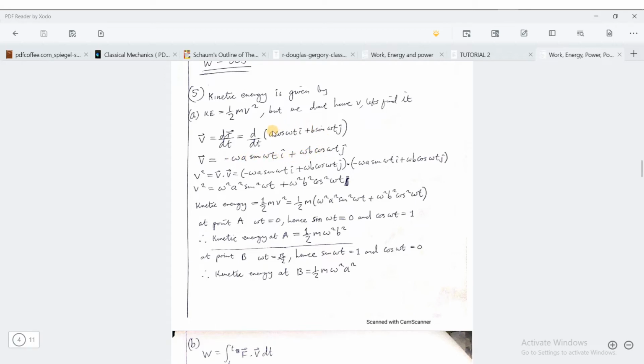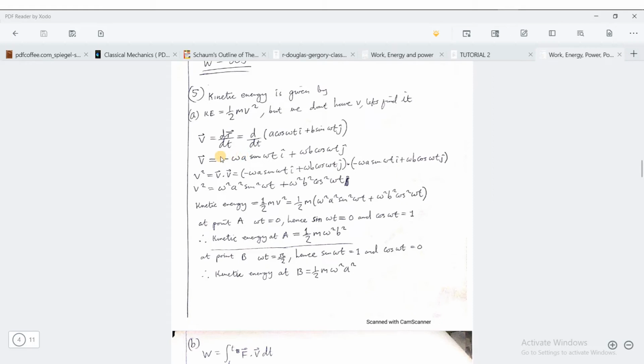We're just differentiating this expression with respect to t. When you differentiate cos omega t, you will get minus omega a sine omega t i plus omega b cos omega t j.